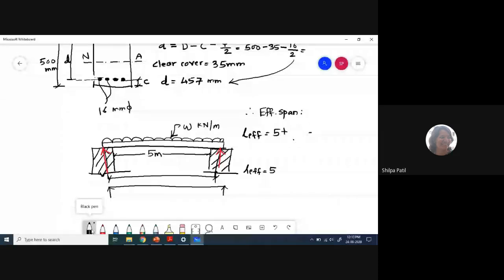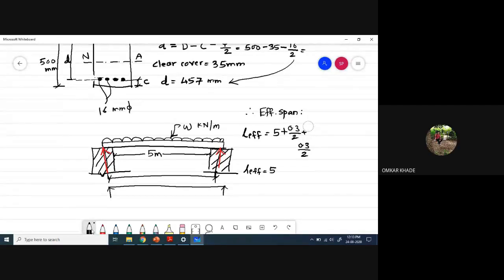This should be in meter, right? So it is 5 plus 0.3 by 2 plus 0.3 by 2. Can we calculate it? Yes, what is the value? 5.3 meter. Correct. This is the effective length.